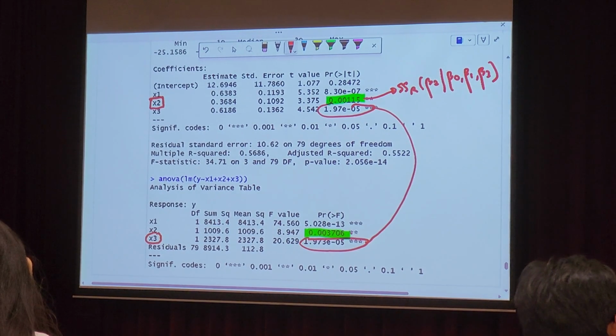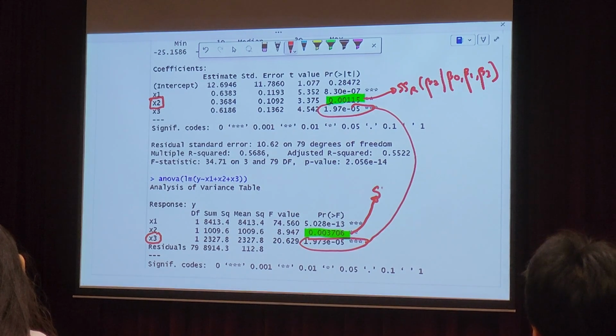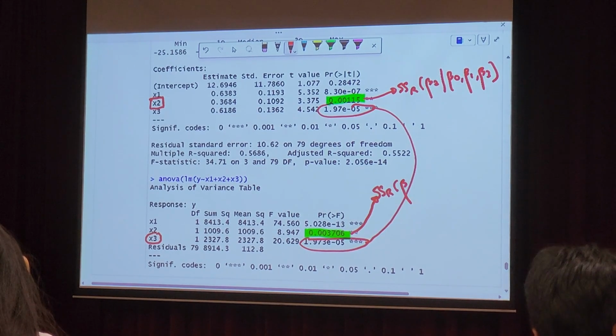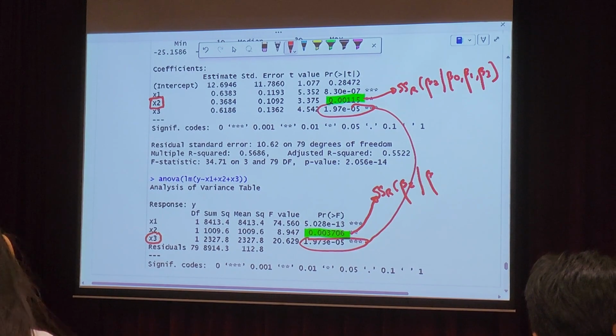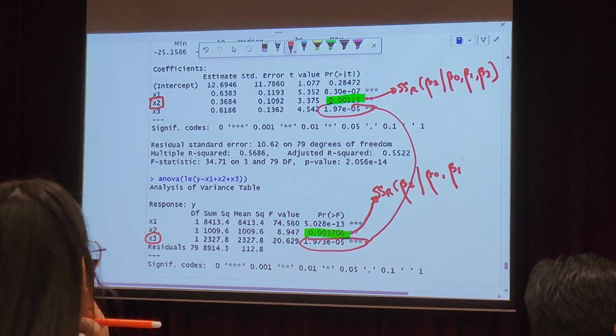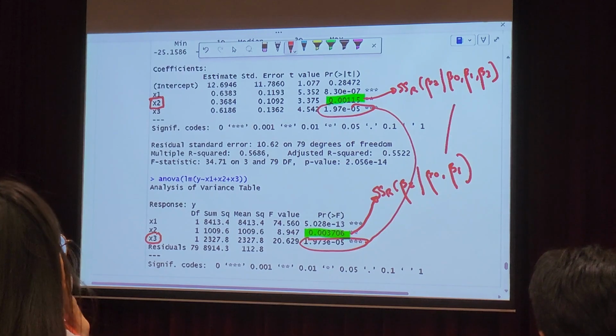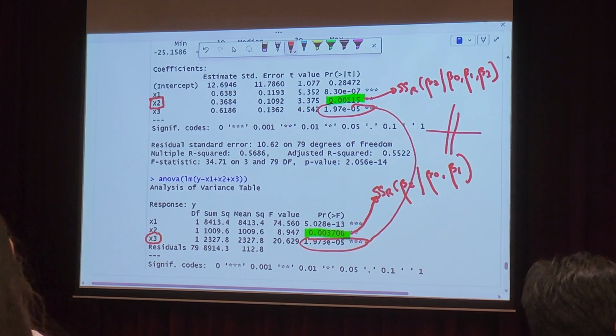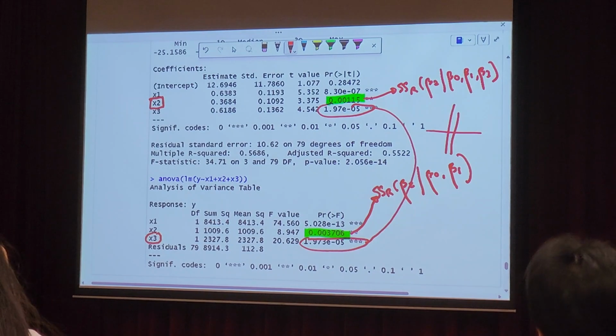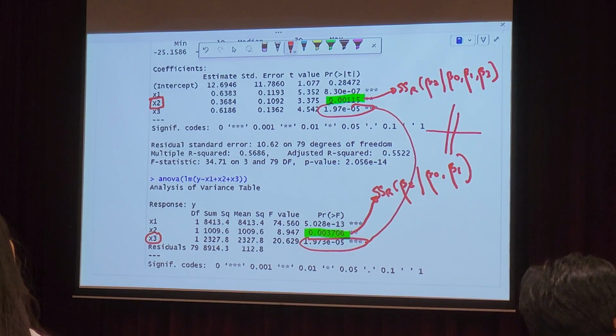This one is beta 2 after you have accounted for 1 only. That's why these two are not the same. That's why the p-value is different for both.